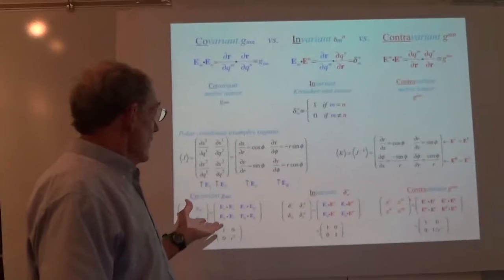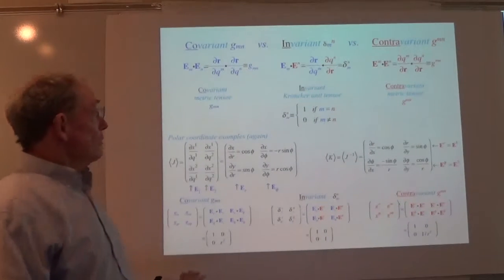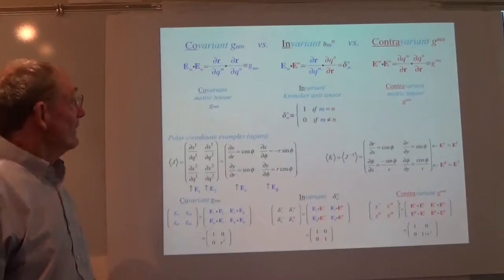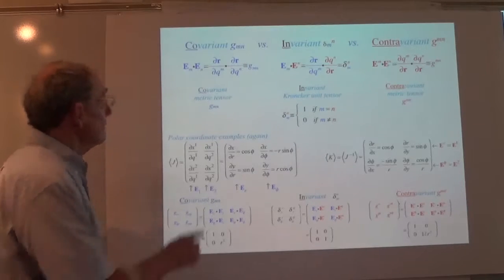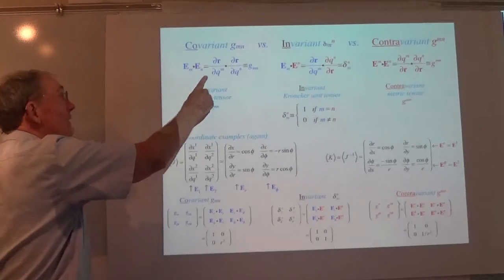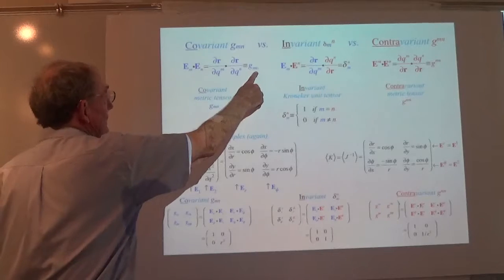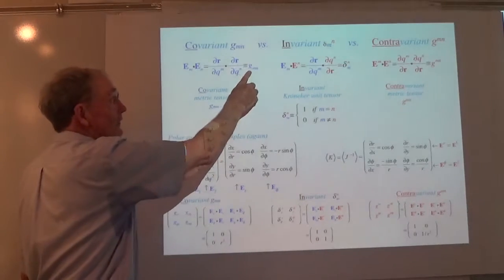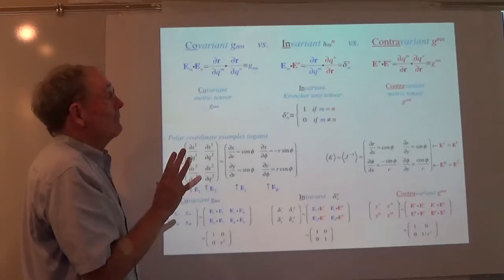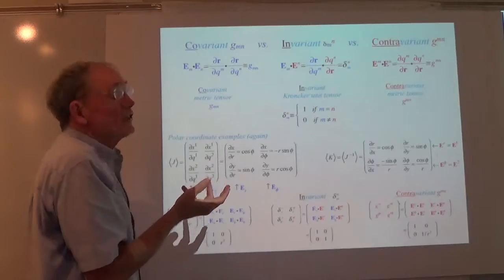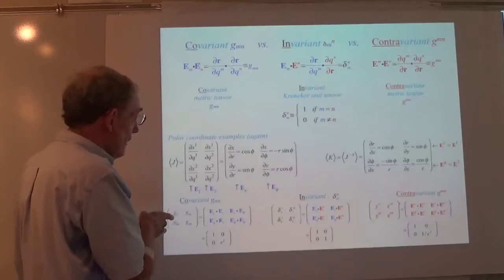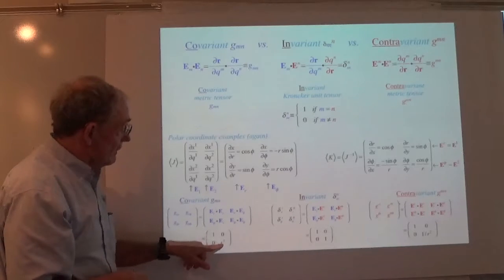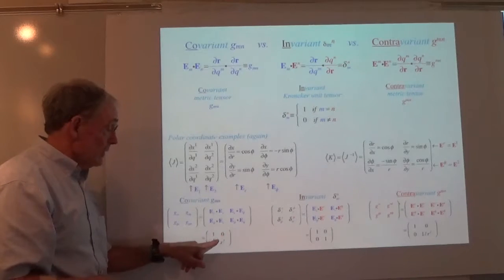So here's the covariant metric coefficient. That's what this is. When you take the dot product of a co with a co, you get g_mn. Now, if you really want to be nasty, you call that delta_mn, but then you get in trouble because most people would say, hey, that's 1 and 0. This one is not. This one is 1 and r squared. Happens to be orthogonal coordinates, so no off-diagonal numbers here.